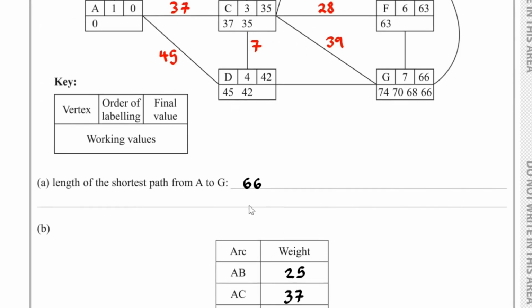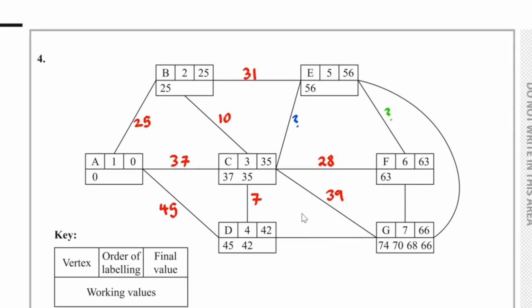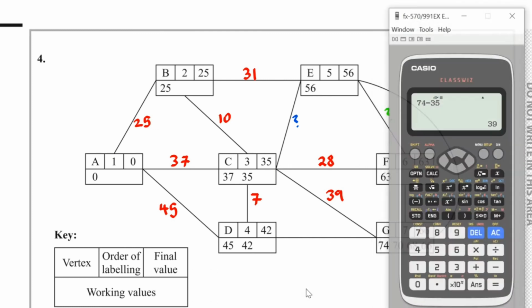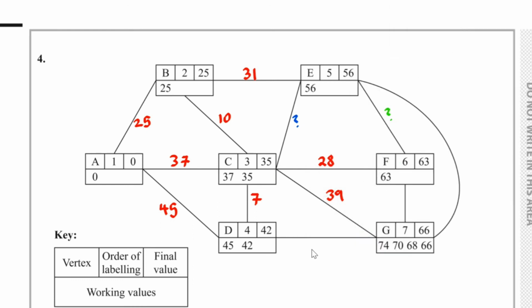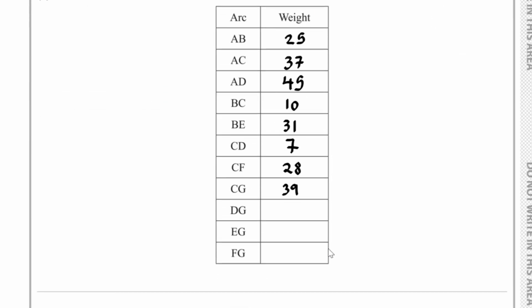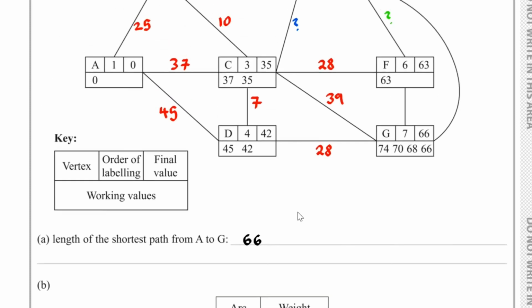Well, how do I go from D, which is here, to G? Well, I'm at 42, and then I improve that to get this 70. So 70 take away 42 is 28. So I've got 28 over here. Then I've got EG after that.